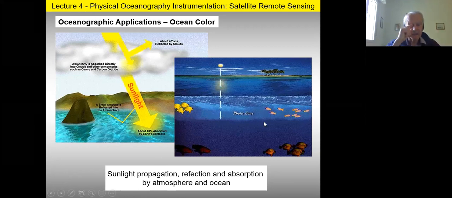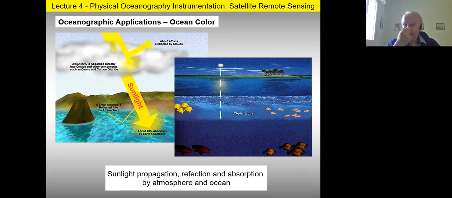The photic zone is the depth to which the light reaches the ocean. It is very important because all the organisms living there which need light to live are concentrated in this photic zone, which is about 100 meters deep.